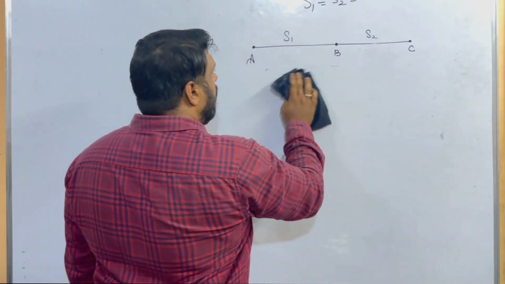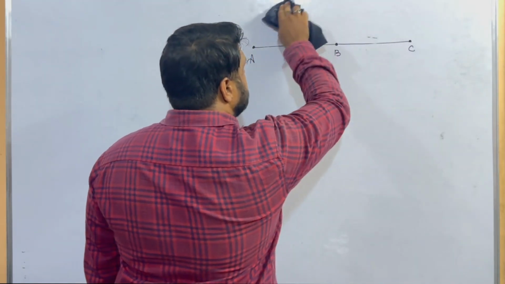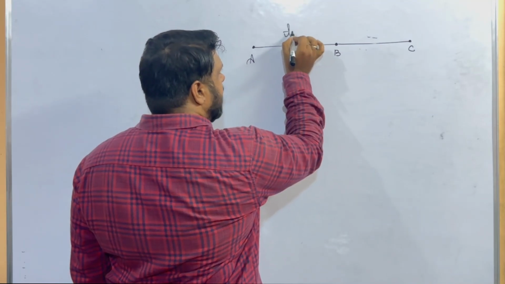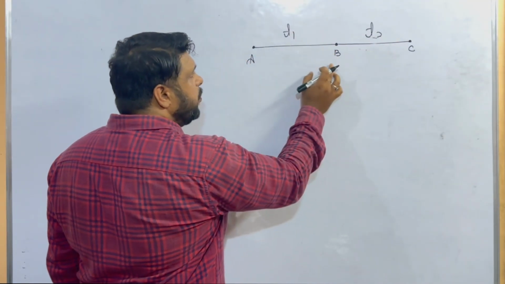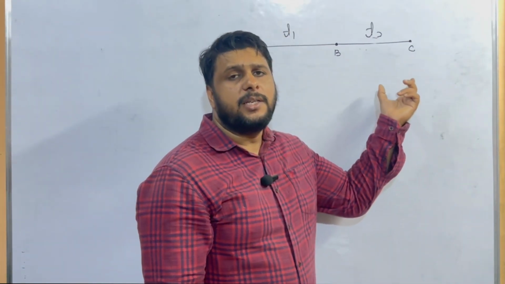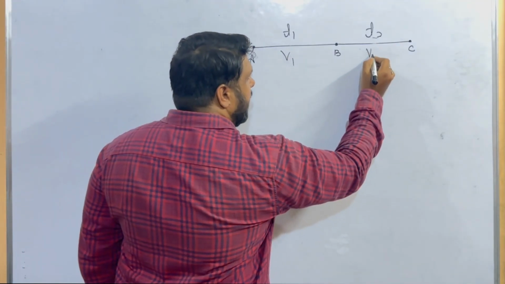Let's understand all the variations here. They will give you the time taken. Let's say from A to B it has taken time T1, and from B to C it has taken T2 time, and it has moved with velocity V1 and V2.